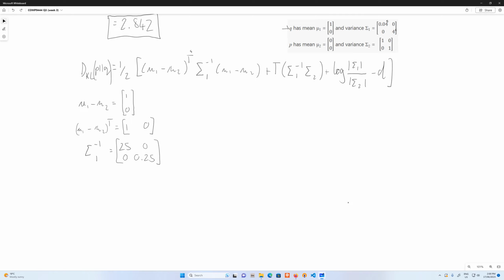Now we need the trace of this matrix multiplication here. So T. Now we just worked out what this was. So that is 25, 0, 0, 0.25, this matrix. And we need to multiply that with the covariance matrix for probability distribution P, which handily is the identity matrix.